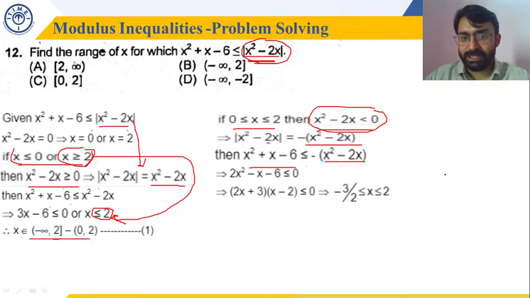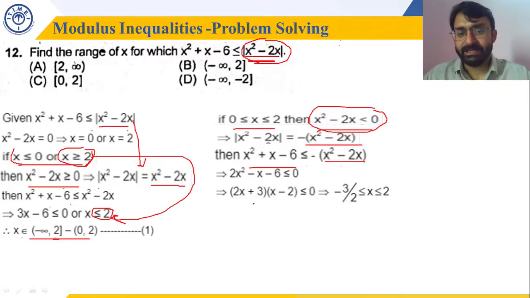Now solve it. 2x square minus x minus 6 is less than equal to 0. Is that okay? Fine. Perfect. Any problem?